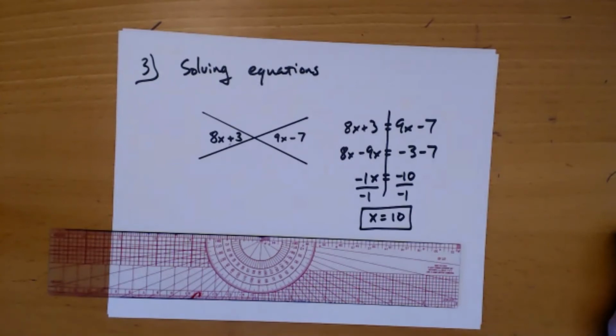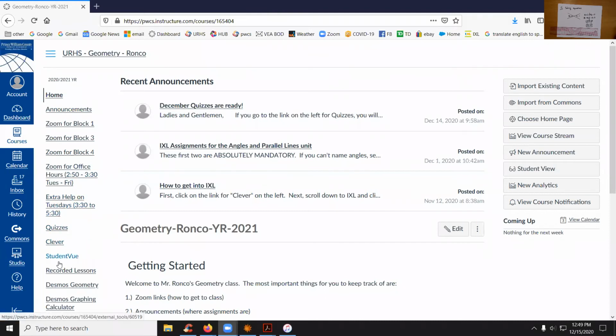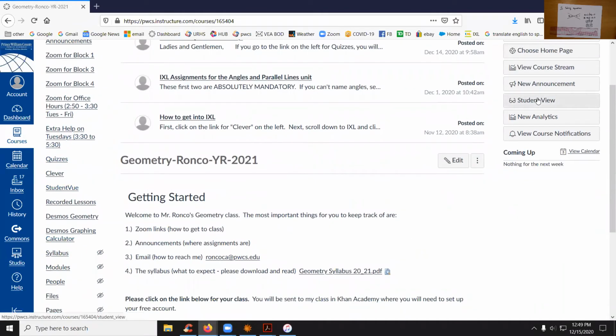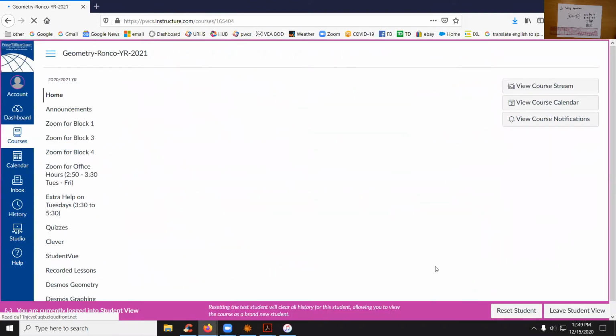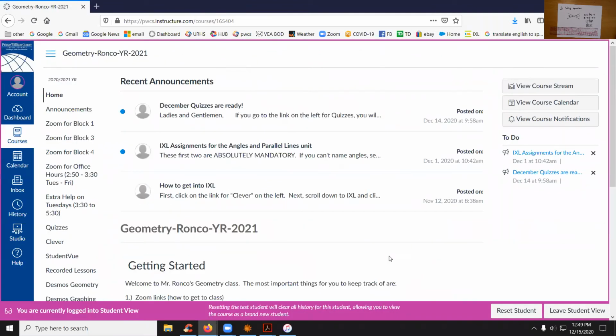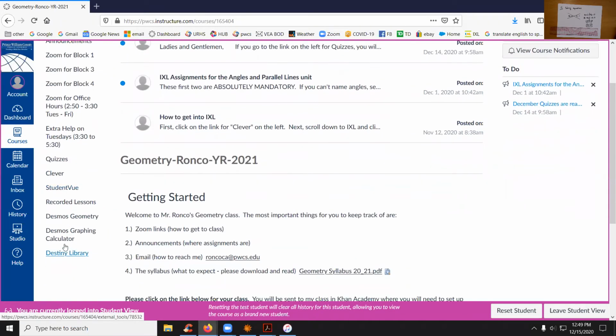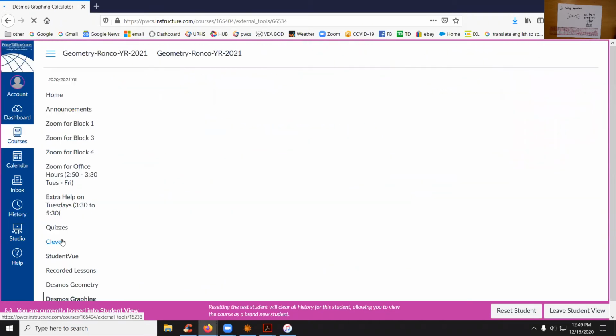Hold on. Let's go to the student views. This is what it'll look like on yours. If we go down to the Desmos graphing calculator, not the Desmos geometry, but the Desmos graphing calculator, go ahead and open that up.